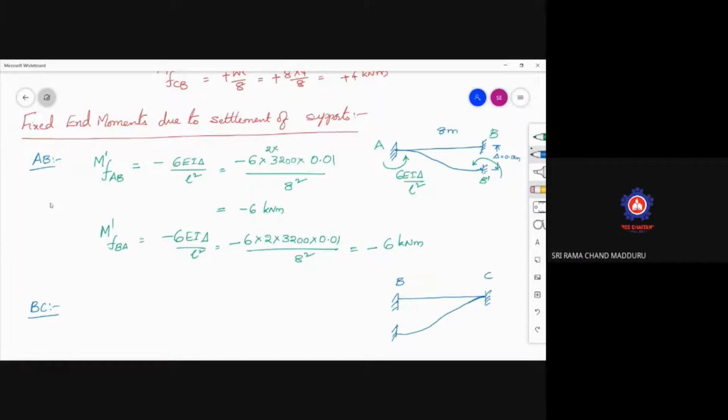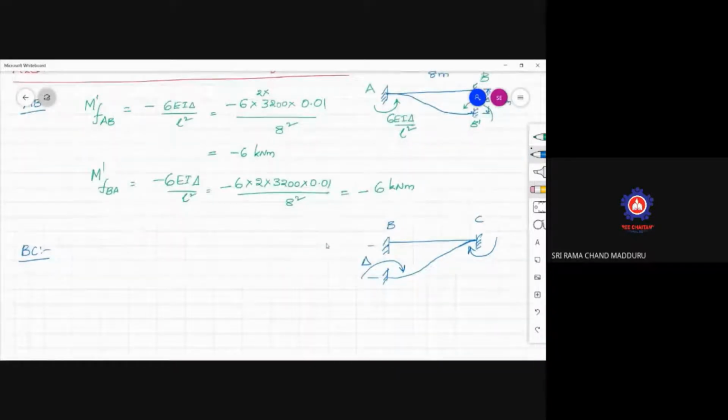So now in this case, this is delta. Now what is the direction of the moment? It tries to resist like this. And the values are positive, 6 EI delta by L square. Here I is I only, L is 4 meters and delta is 0.01.